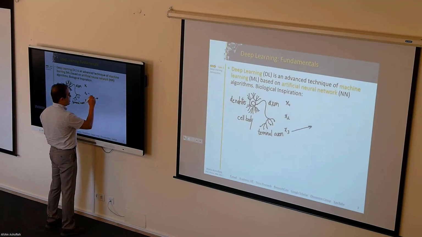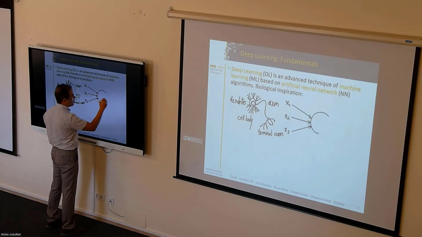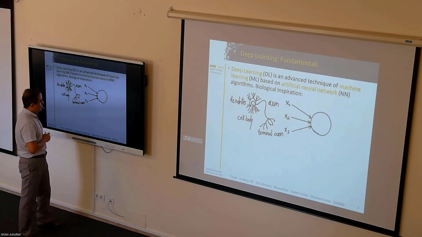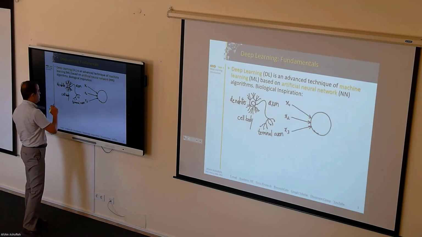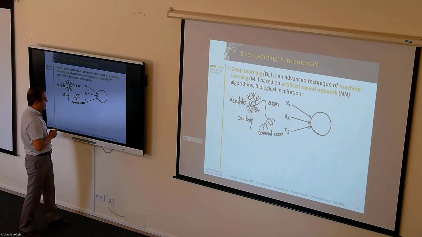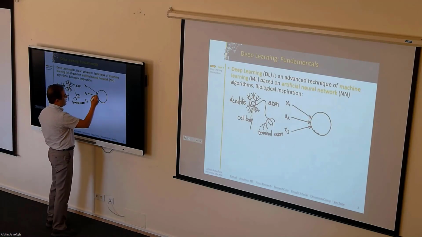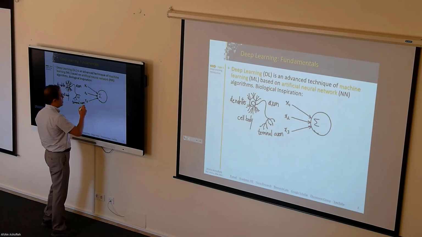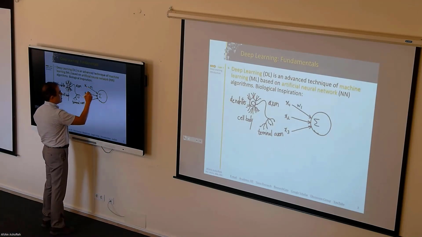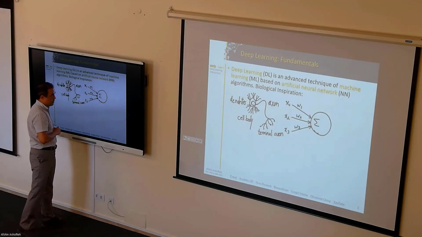So they will give the input to this part, similar to this cell body that we have here. And we can make a kind of summation here with some weights allocated for each of these inputs.